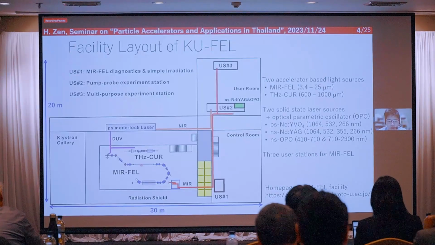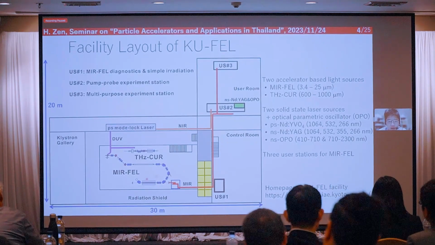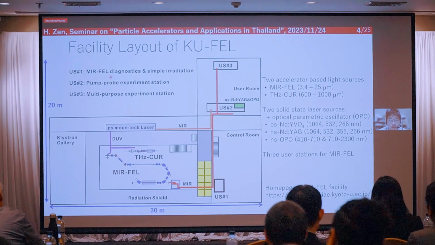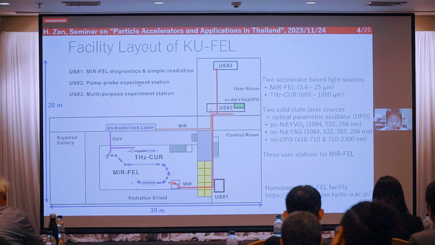And we have three user stations for MIR-FEL. One is user station number 1 here, and it is used for MIR-FEL diagnostics and simple irradiation. Another one is user station number 2 located here, and the main purpose of this user station is pump probe experiments.